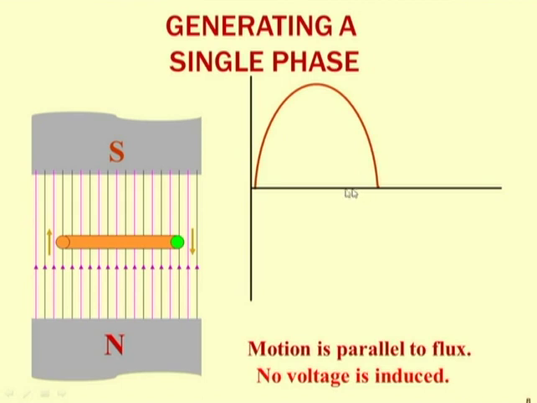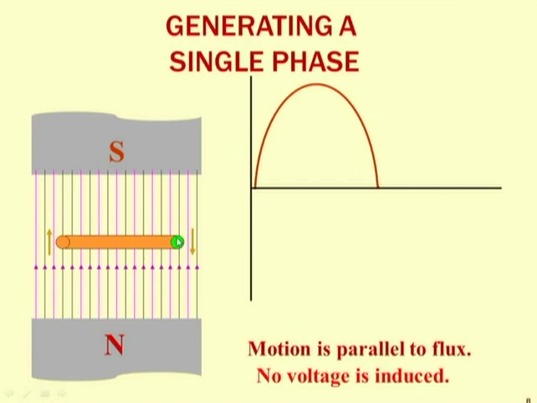Okay, so now if you see, at 0 degrees, here was the green end and here is the yellow end. Now at 180 degrees, the green end is here and the yellow end is here.